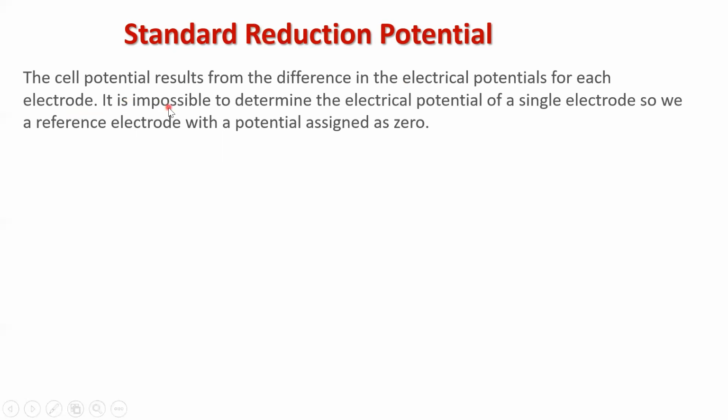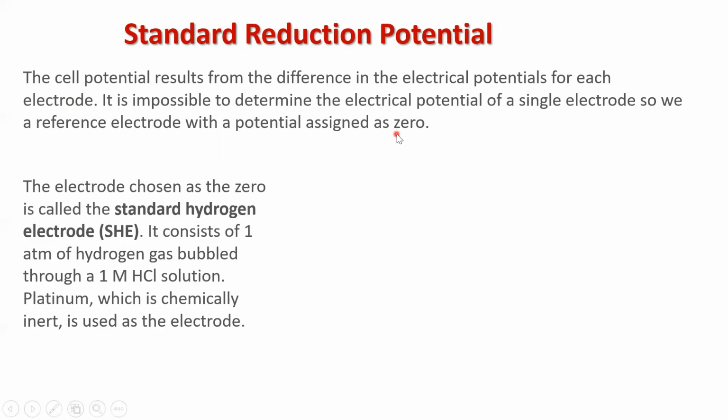It's impossible to measure the value of electrical potential for just one electrode. So we measure it by a difference, a reference that we use as 0. And the electrode that was chosen as our reference electrode is the standard hydrogen electrode, which just stands for SHE.